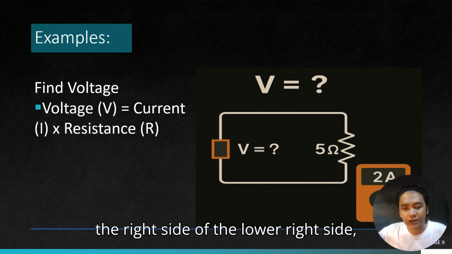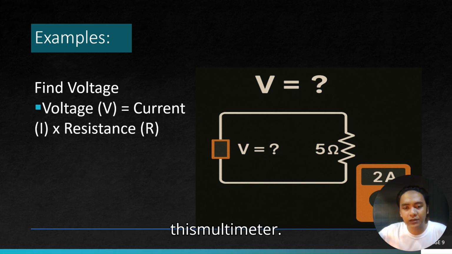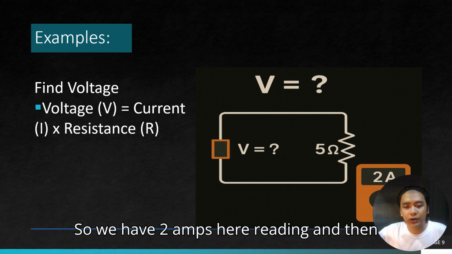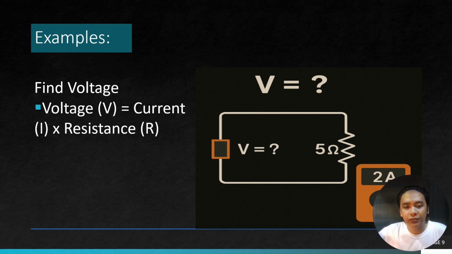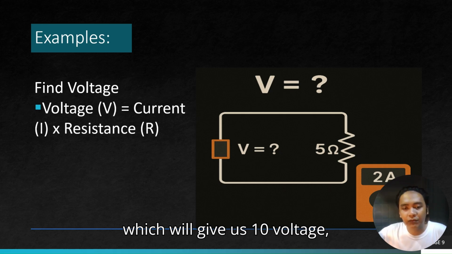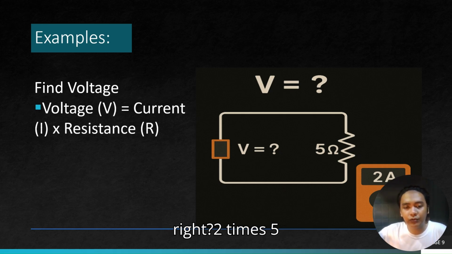This, on the lower right side, is a multimeter. So we have 2 amps here reading, and then multiply by 5 ohms, which will give us 10 volts, right? 2 times 5 equals 10.